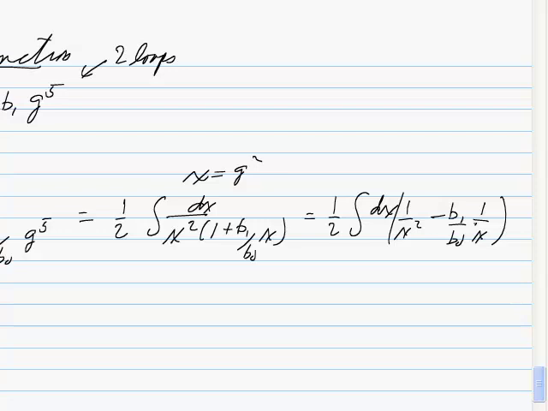Okay, so I expand this. 1 minus something of x. 1 over x squared is the 1. 1 over x is the second one.